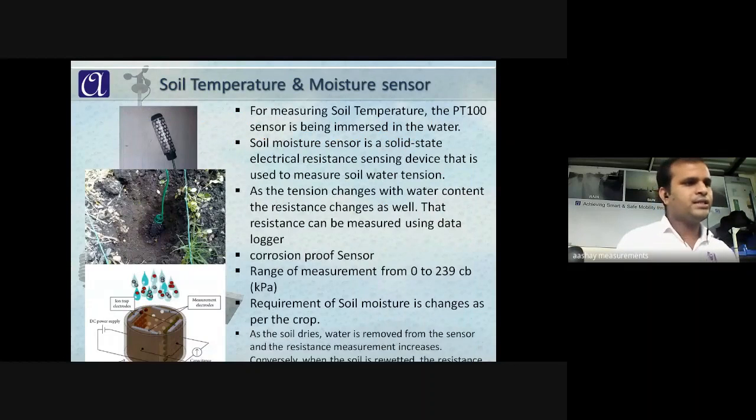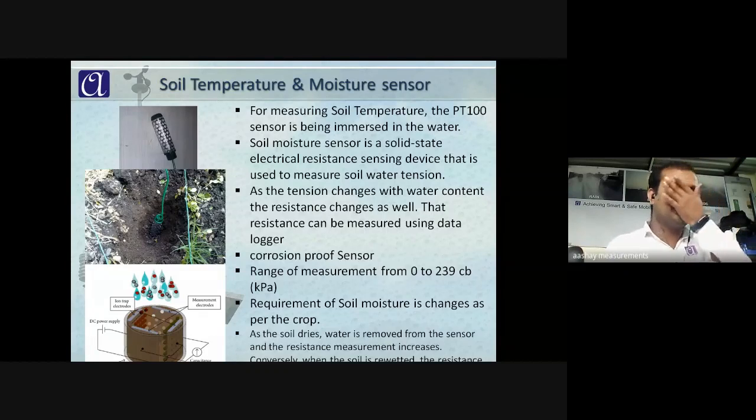And the next sensor is the soil temperature and soil moisture sensor. It is a combined sensor which measures temperature and soil moisture both. The range of this sensor is 0 to 239 kilopascal.